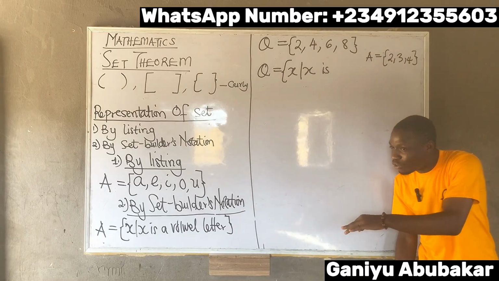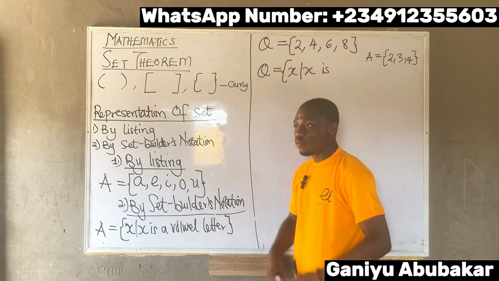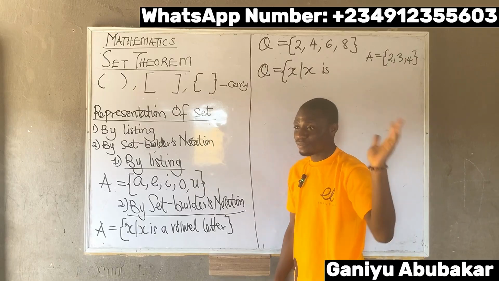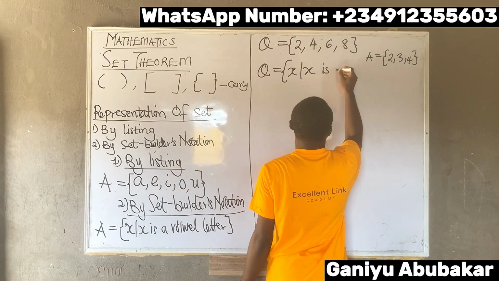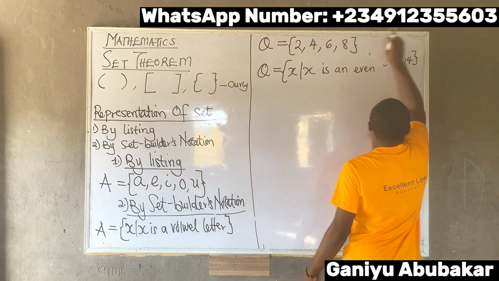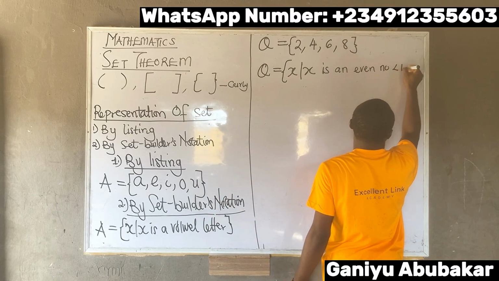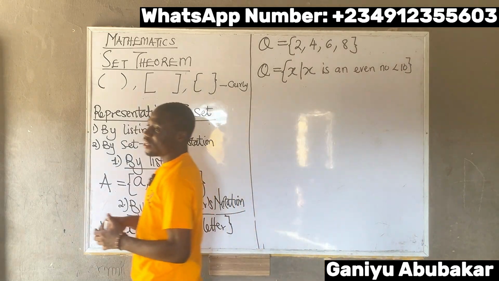That's a proper one, not just even number, because 25, 1 billion, 1 quadrillion are even numbers, but they're not here. So you have misled me. So this is X such that X is an even number less than 10. All right, this is a proper description.